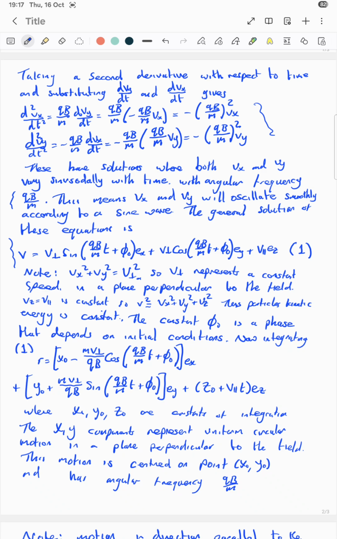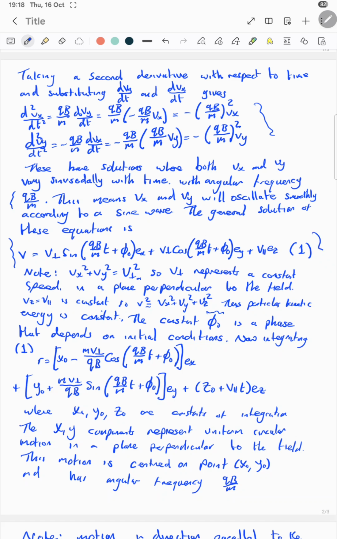So v squared equals vx squared plus vy squared plus vz squared. This particle's kinetic energy is constant, as you'd expect when we're neglecting the electric field. The constant here, psi, is a phase that depends on the initial conditions.